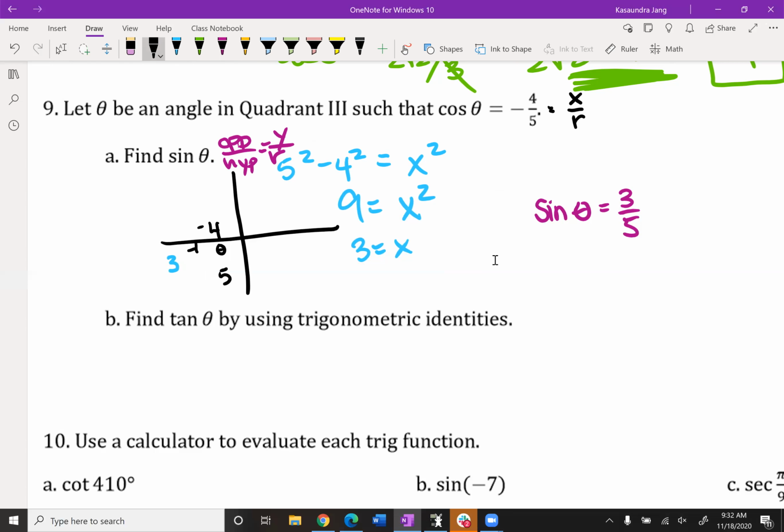So is the 3 negative? Yes, that's what we were about to talk about. There's one thing we're missing. The length of this is a 3. That is true. But you know how when I solve for this by taking a square root on both sides, a lot of times when I take a square root, I get a plus or minus, right? I had to determine, is it a plus or is it a minus? Positive or negative.